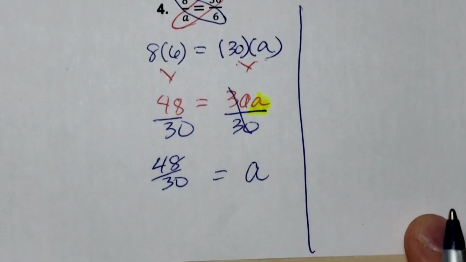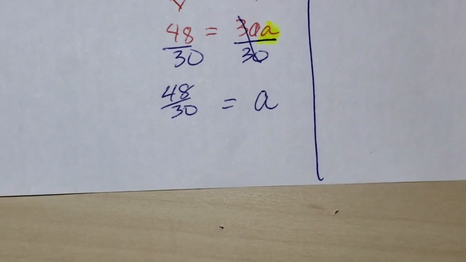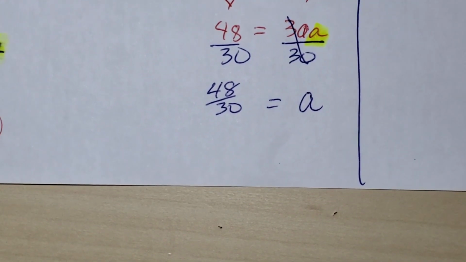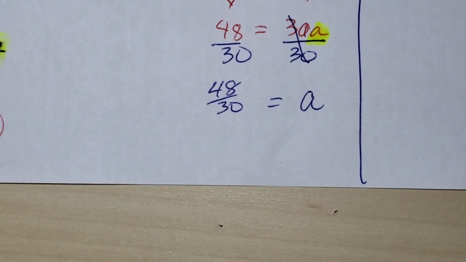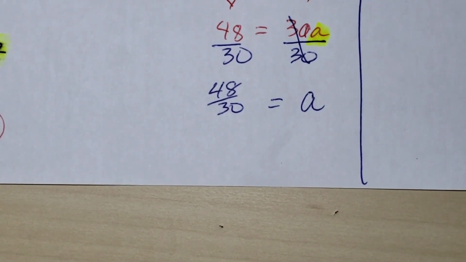Now let's simplify this. Remember, we need to simplify our fractions. That means bring it to its lowest term, that there's no number that we can divide both evenly aside from 1. Did I say that right? I think I did. All right, so 48 divided by 30. Now, what number can we divide evenly to 48 and 30?